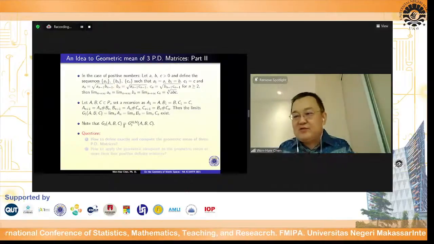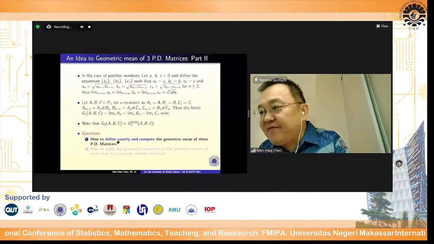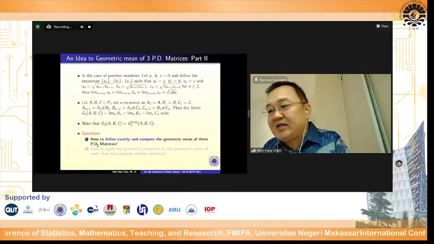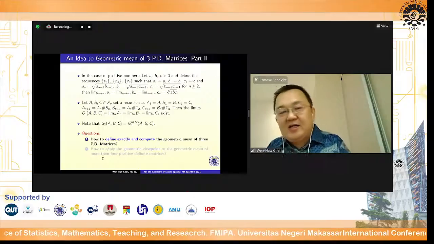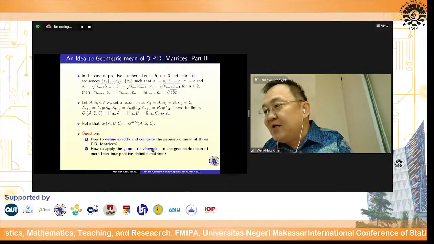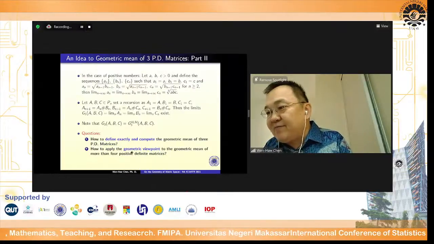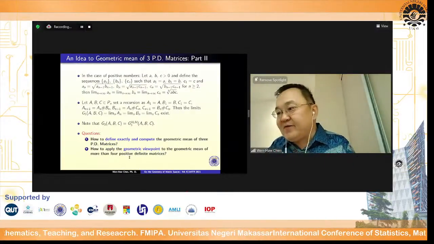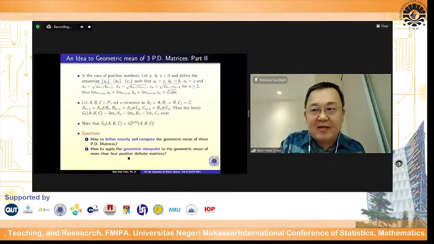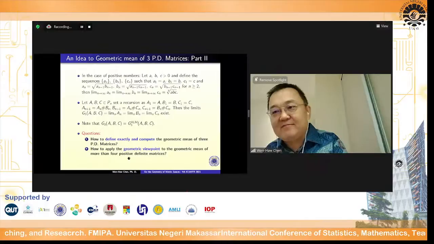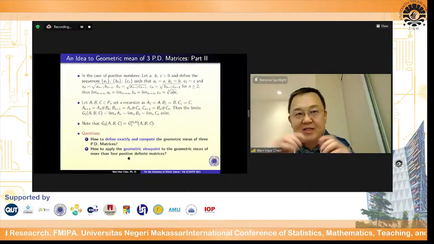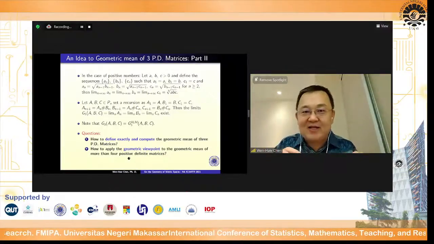So now we have the question of how to define exactly and compute the geometric mean of three positive definite matrices. And the other question is how to apply the geometric point of view to the geometric mean of more than four positive definite matrices. I want to show it's very different from positive numbers to positive definite matrices, but they have some similar properties.